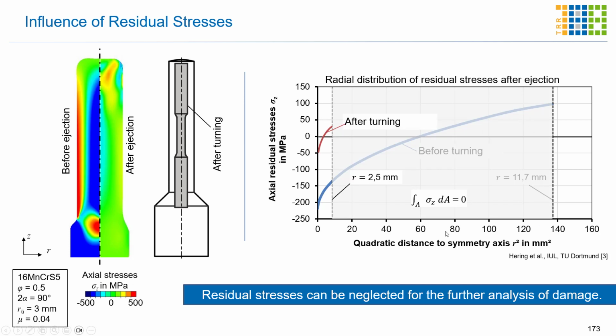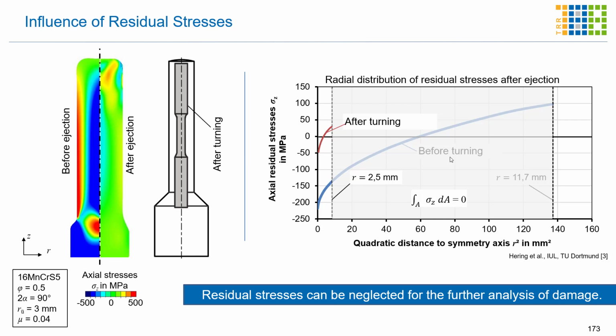So we cut the billet so that we have the same radius as in the slide before of 2.5 millimeters, and to ensure that equilibrium is achieved, the residual stresses have to redistribute, as visualized here on the right hand side.